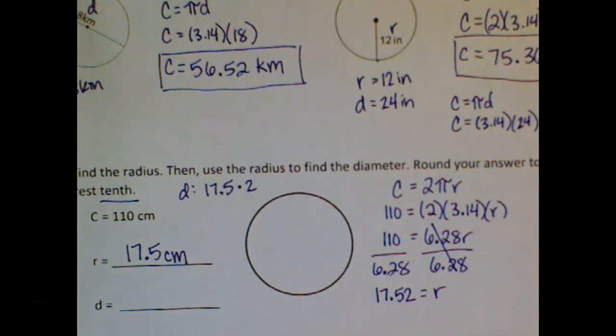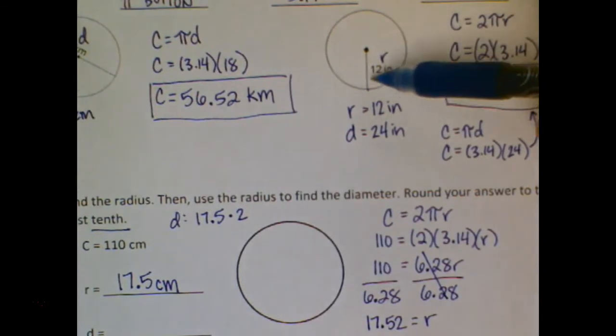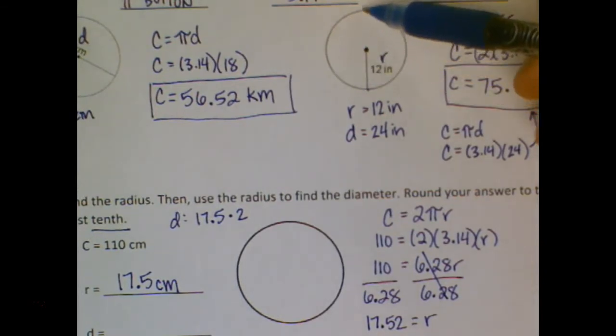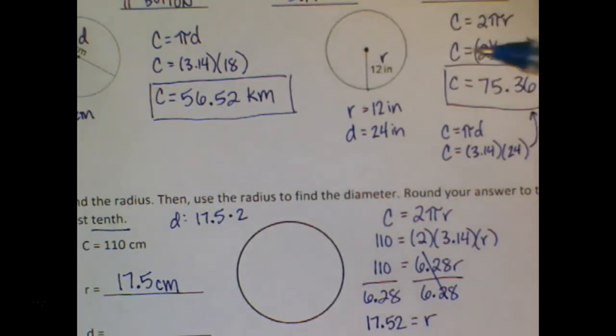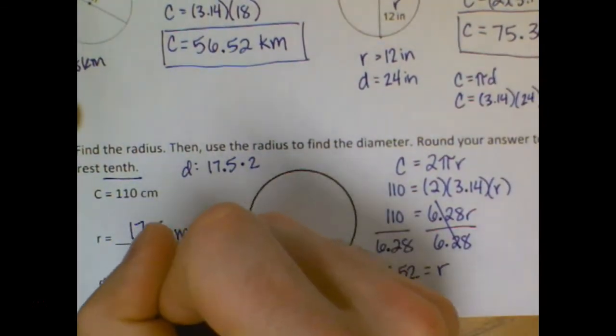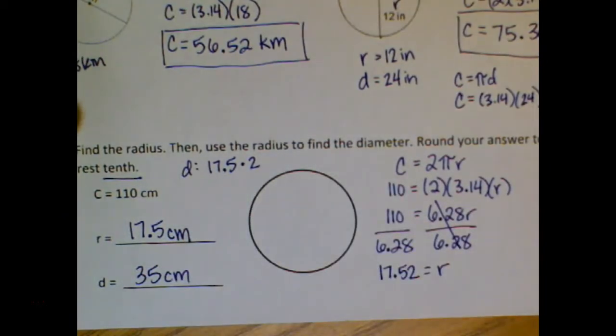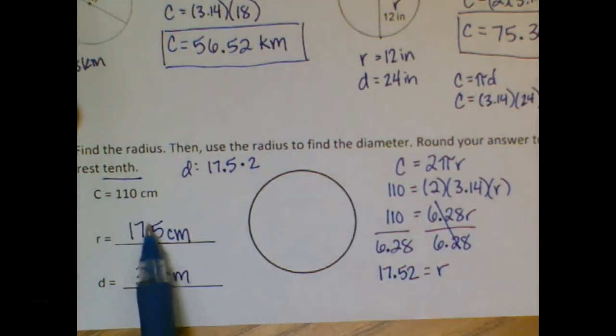The reason we're doing that is, remember, the radius only goes halfway across the circle. When it goes the rest of the way through, the other half, that's the diameter, so that's double. When you multiply these together, you end up with 35 centimeters. That one worked out so that you didn't need a decimal after it, just straight up 35 based on how we rounded here.